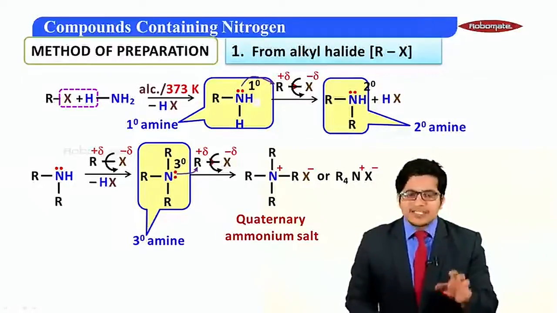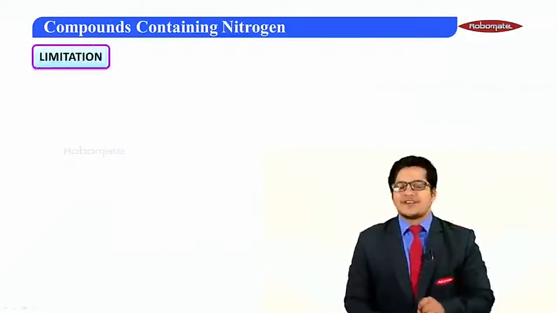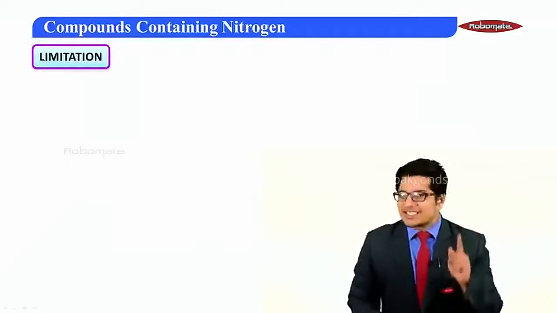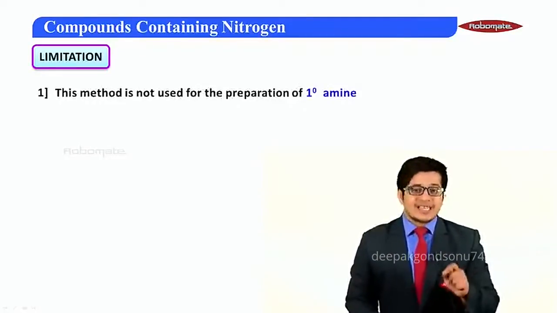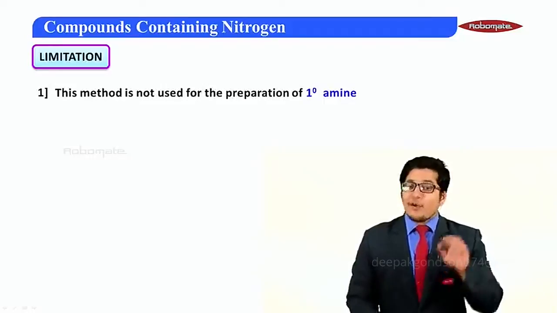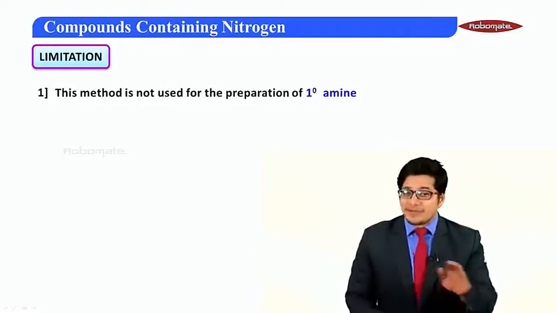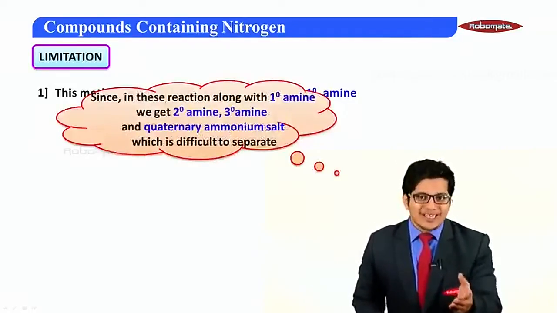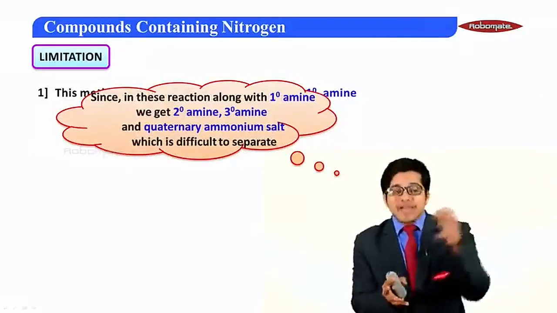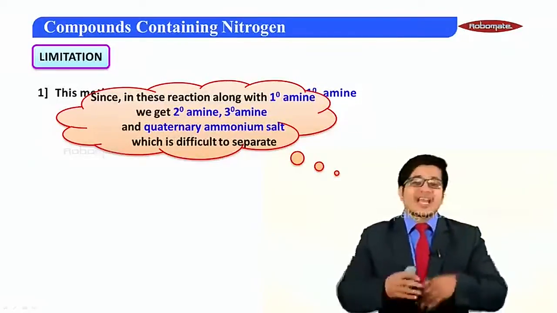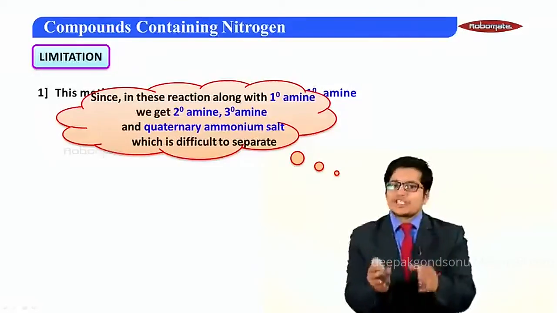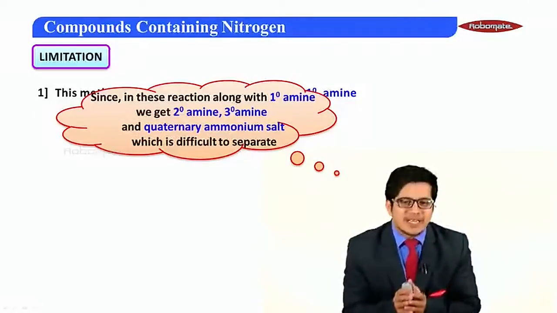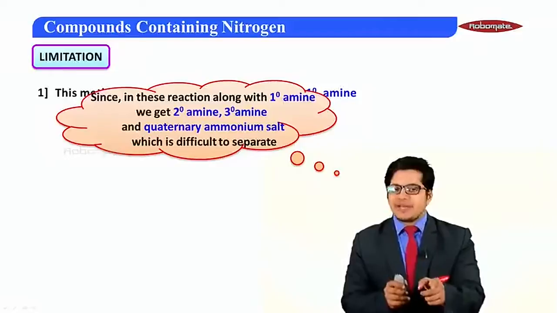Now, let's look at the limitations of this reaction. The very first limitation is that in this method, only primary amine cannot be obtained. What you would obtain is a mixture of primary, secondary, tertiary amines and quaternary ammonium salt, which is very difficult to separate. So would you use this for primary amines?